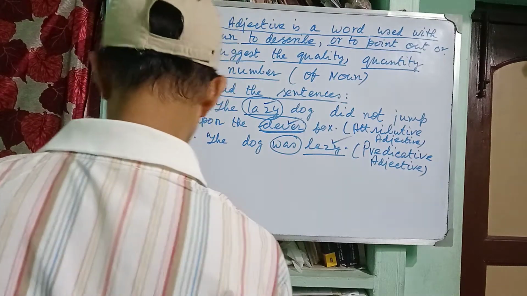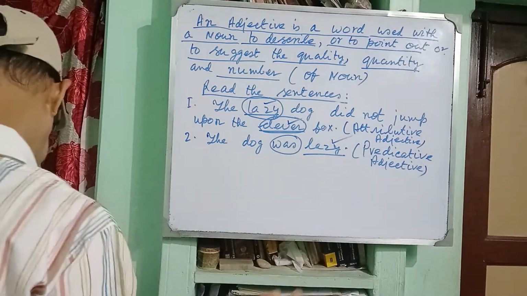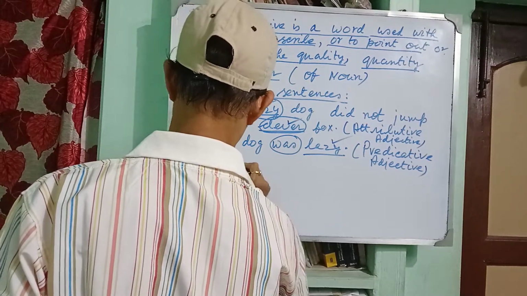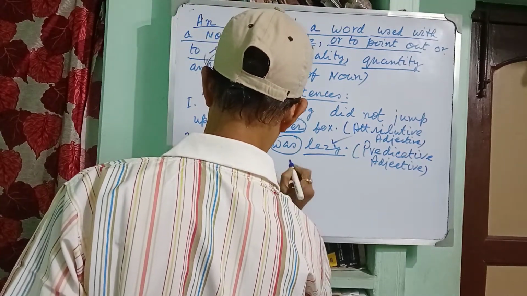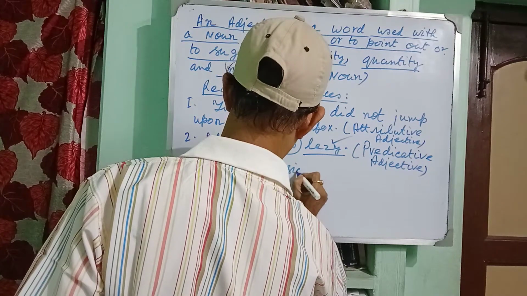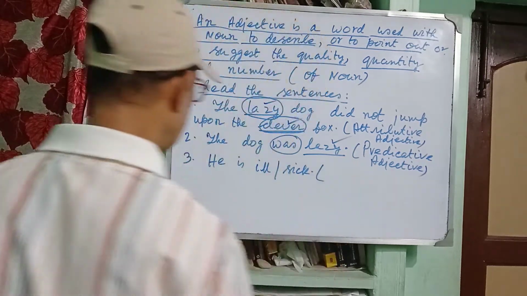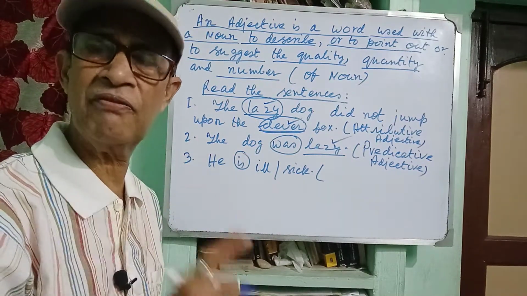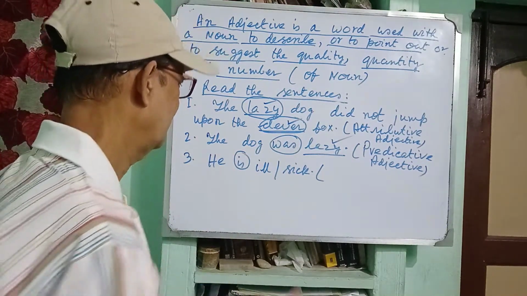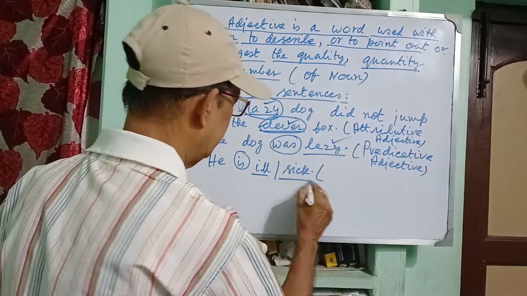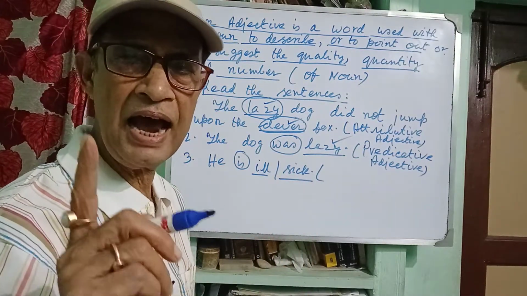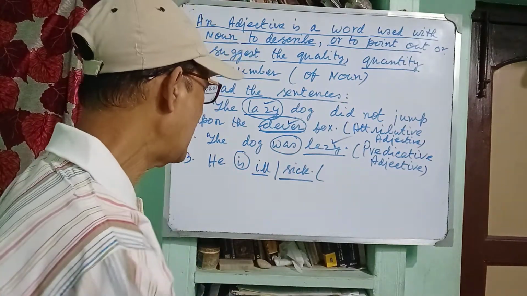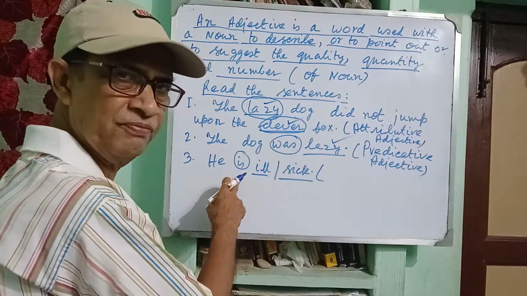Lazy. Clear? Number 3: He is ill or sick. You see that is is verb, and ill or sick both are adjectives and they have taken their places at the end of the sentence with the verb.